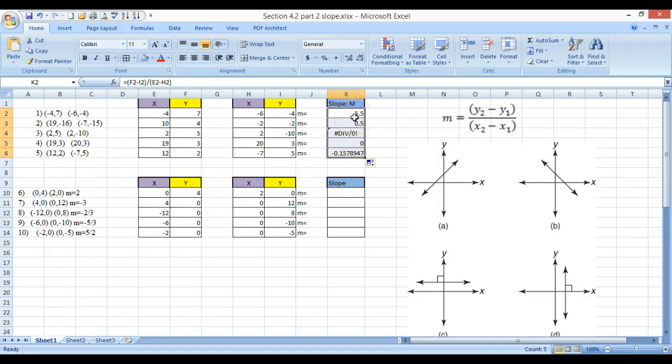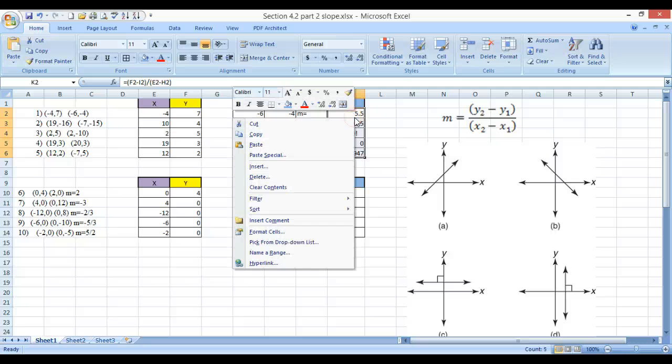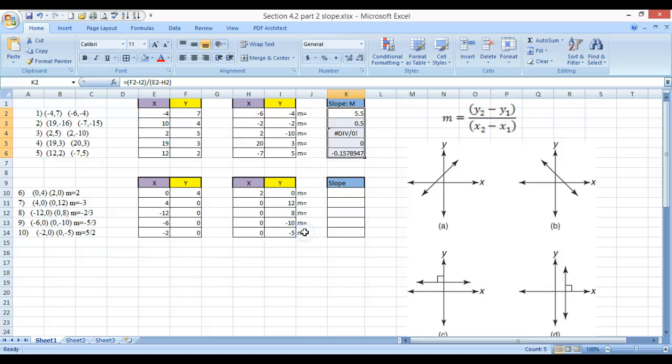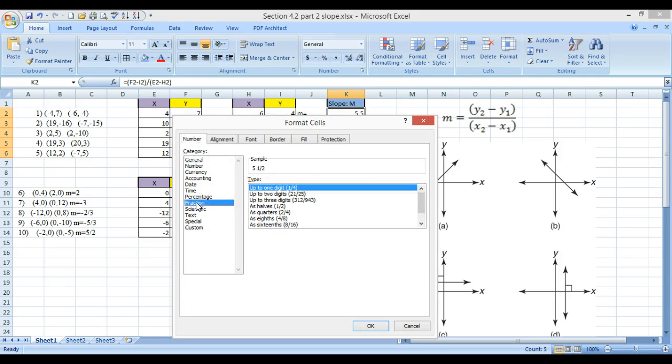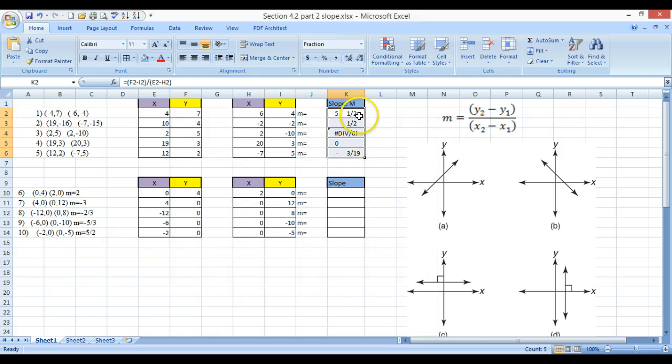Again, they aren't in fractions though, so what I'm going to do is I'm going to come and format my cell and do fraction. And because some of these might have more than just one digit, I'm going to go up as high as I can, and there we go. We could do 5.5. However, like I said, slopes you don't want to keep as mixed numbers. You'll want to change that to an improper fraction.